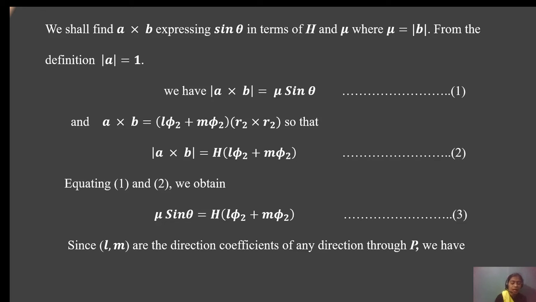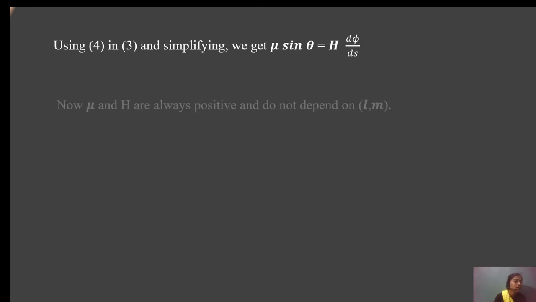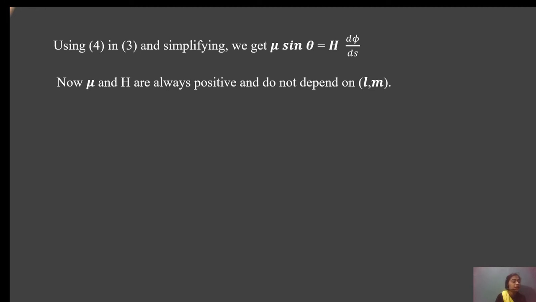Then L, M are the direction coefficients of the tangent through the point P. You know that L equals du upon ds and M equals dv upon ds. Then using equation 3 in equation 4 and simplifying, we get mu sin theta equals H d phi upon ds.